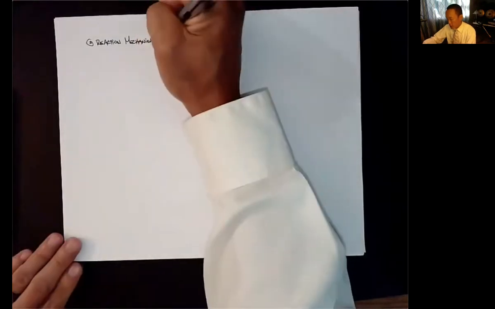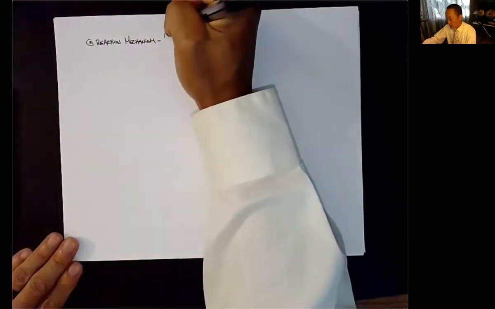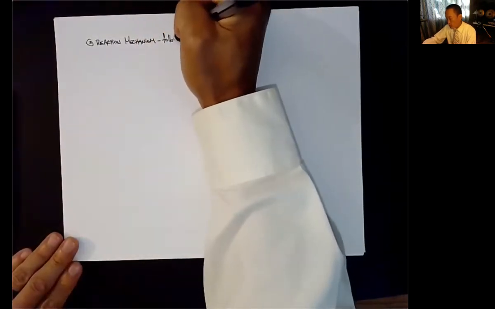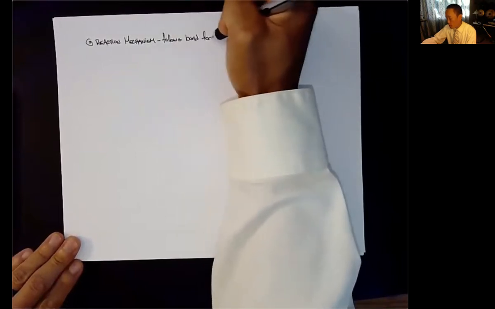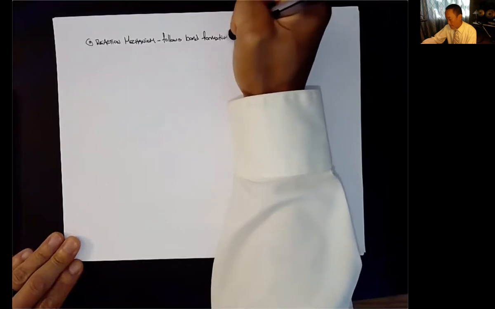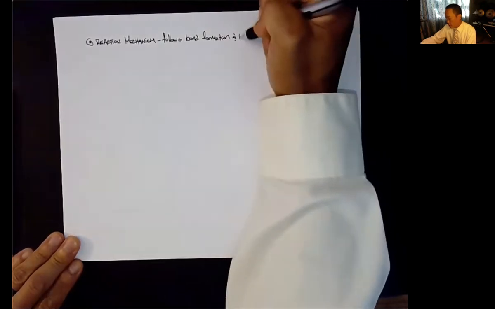I can feel the vibe right now that some of you are having some PTSD type experiences when you hear that phrase. What is a reaction mechanism? It follows bond formation and breakage.